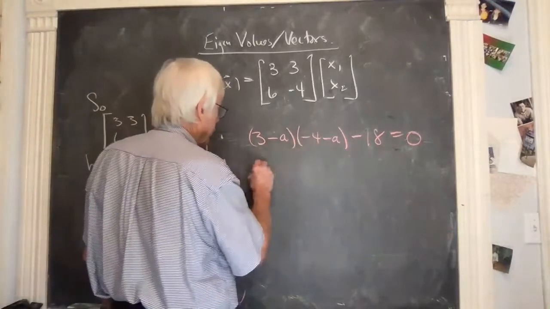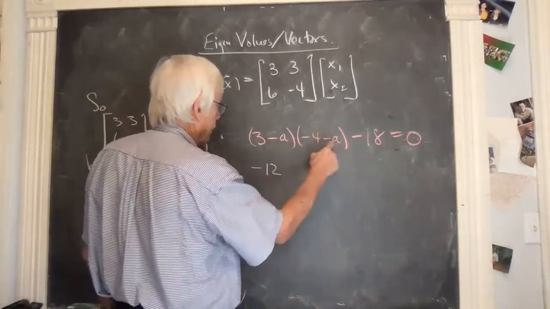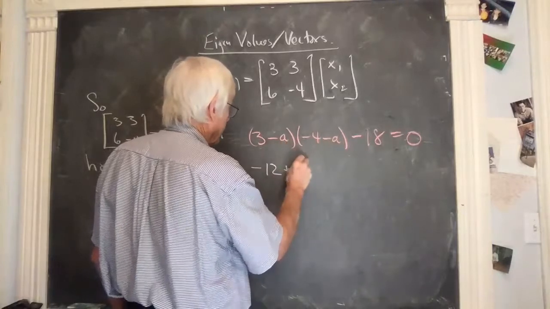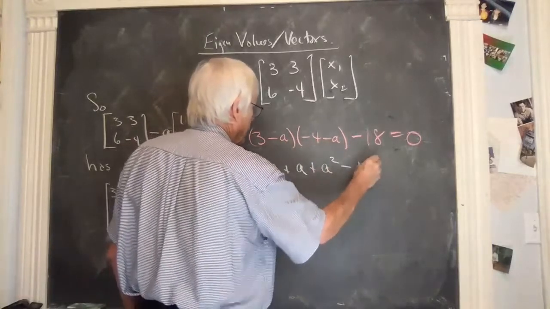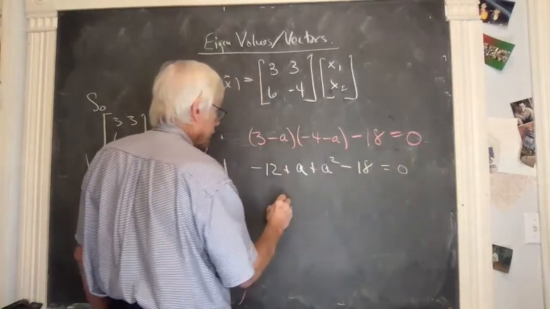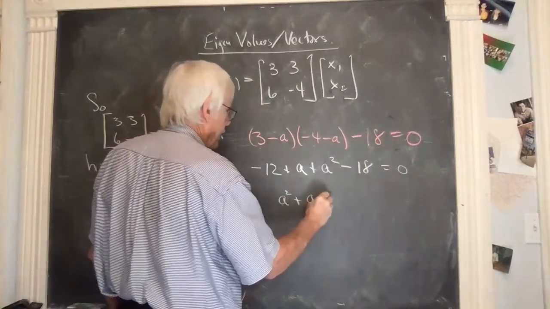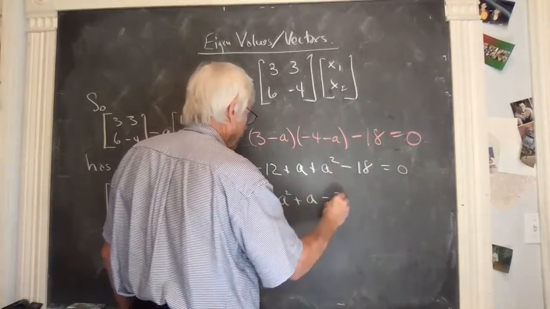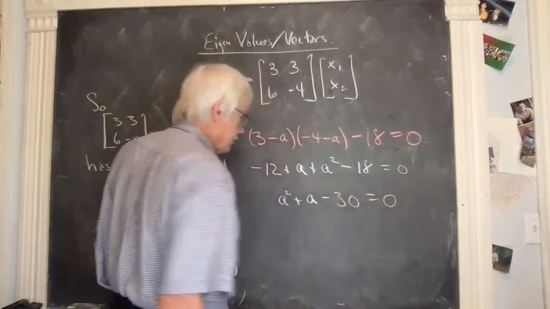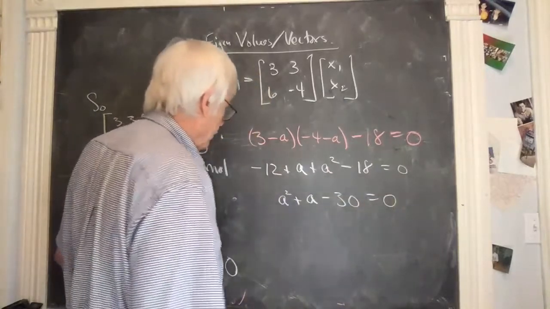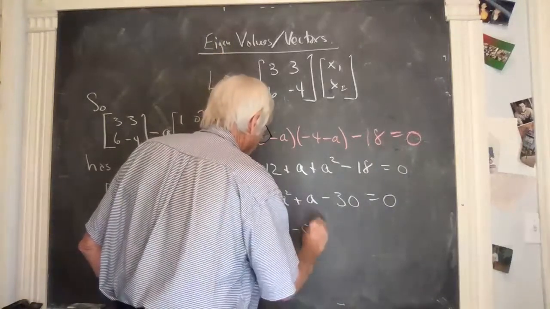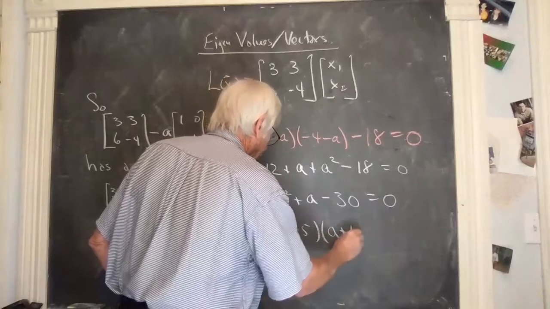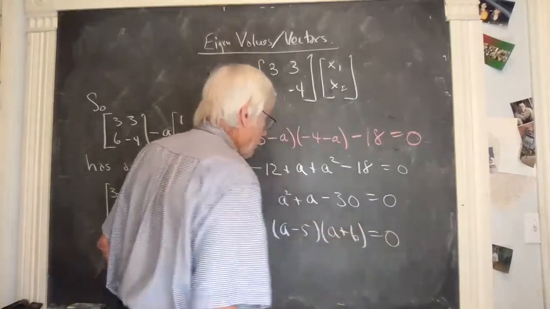Multiplying it out, minus 12, minus 3A plus 4A is plus A squared minus 18 equals 0. A squared plus A minus 30 equals 0. Let's see. So (A minus 5) times (A plus 6) equals 0.